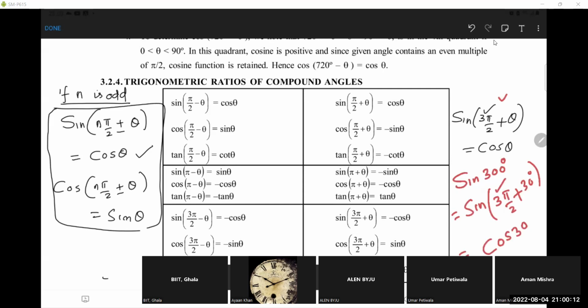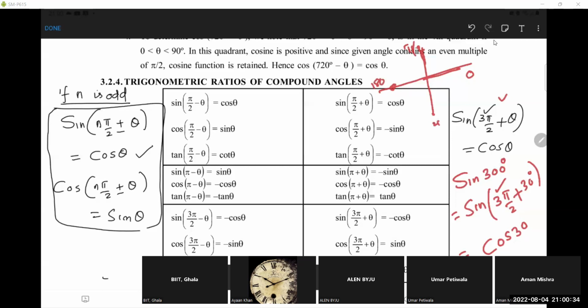One more thing, remember. What about 3 pi by 2? Which quadrant it comes in also has to be noted. So here this is 0 degrees, this will be 90 degrees, this will be 180 degrees, and this will be 270, right?